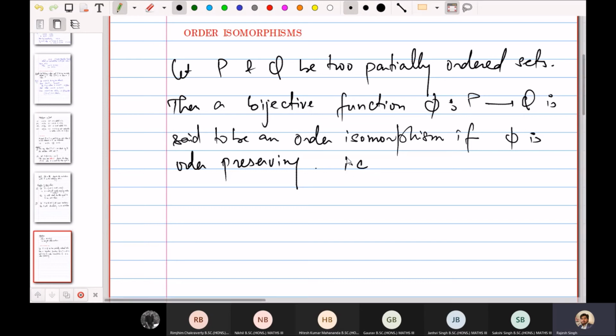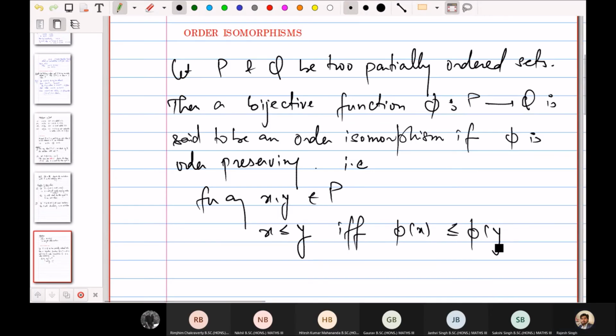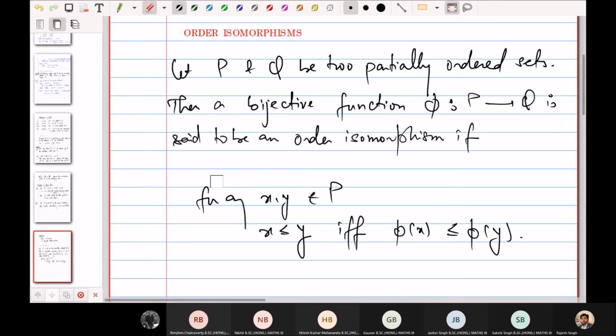That is, for any x, y belonging to P, x is related to y if and only if phi x is related to phi y. Okay. So it preserves the order both ways.